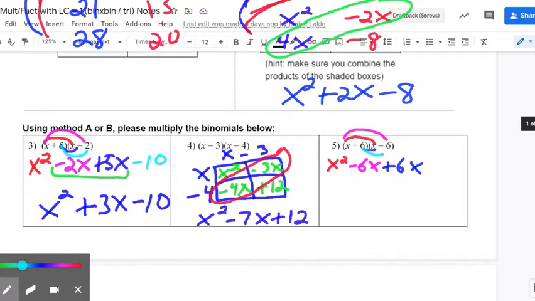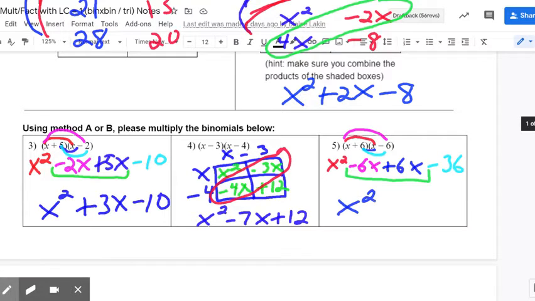And 6 times negative 6 is negative 36. Combine our like terms in the middle, and they go away because 6x minus 6x is just 0. And so we end up with x squared plus 0x, which I'm not going to write, minus 36.